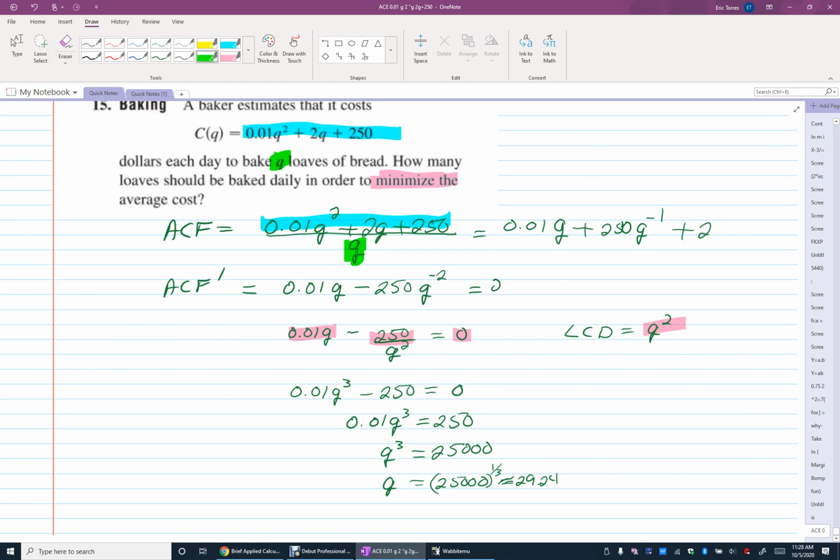I simplified it. I took its derivative and set it equal to 0 to find that critical point. Now, if you're in doubt whether that is the correct point or not, you can graph it to verify. I'm not going to, because I know it is the correct answer. But that's always a good thing to do, to graph it to make sure you're looking at a minimum value and not a maximum.